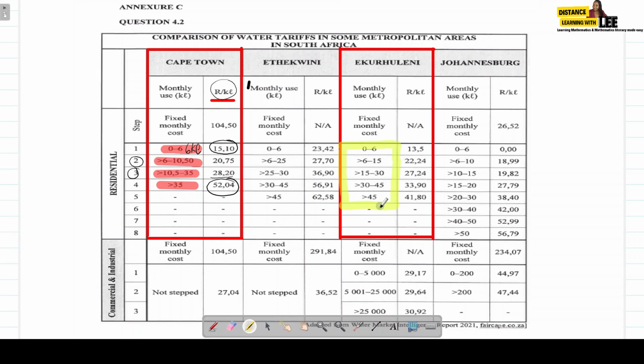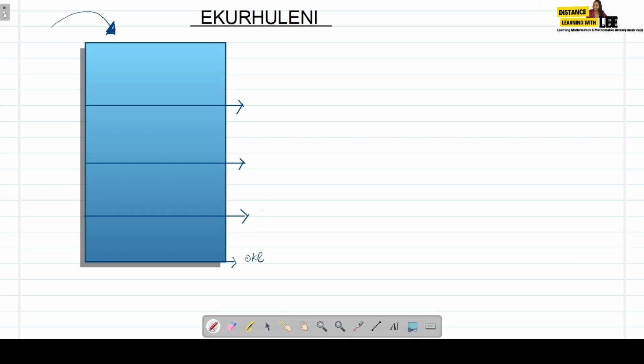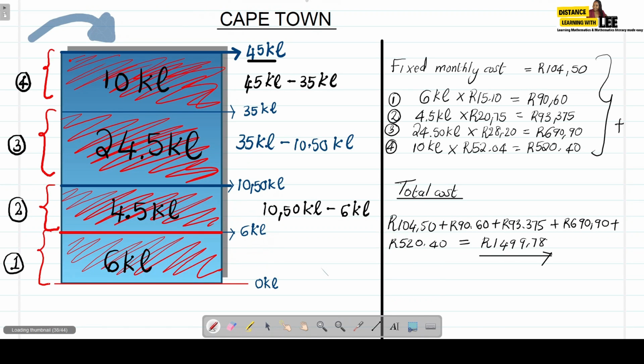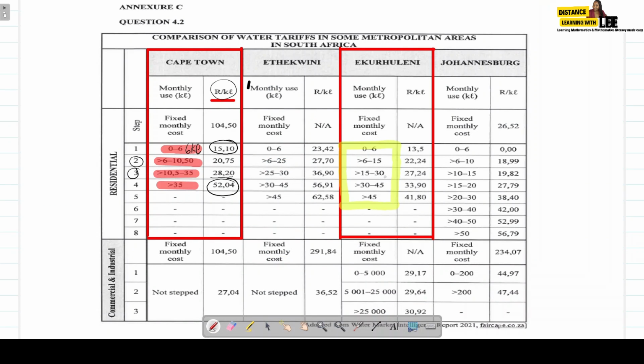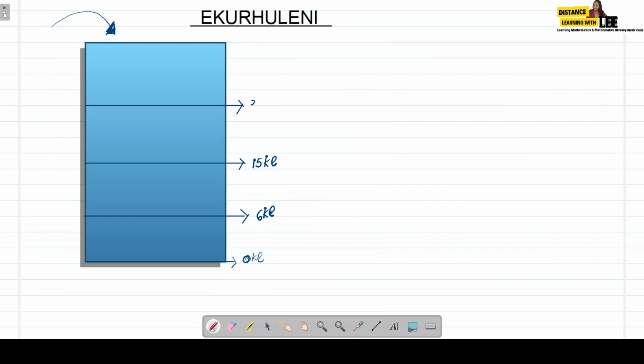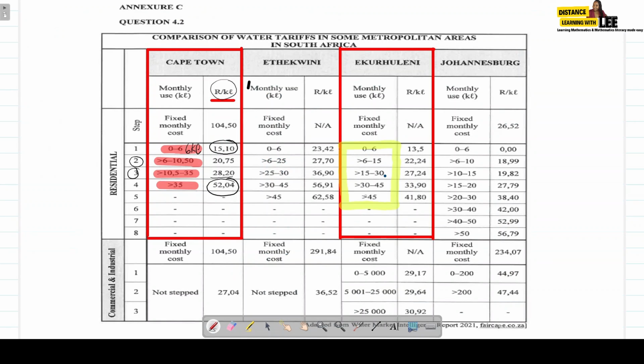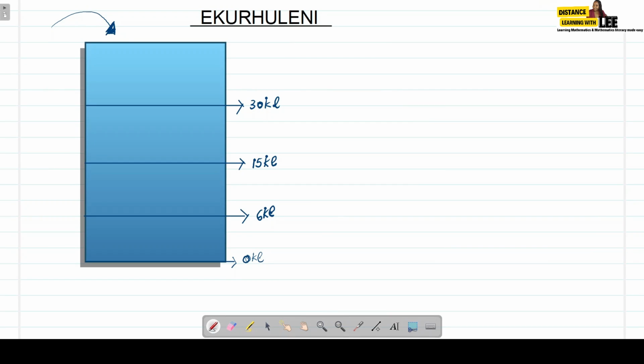So from 0 to 6 kiloliters, from 6 to 15 kiloliters, from 15 to 30 kiloliters, and from 30 to 45. So that point there is our 45 kiloliters.